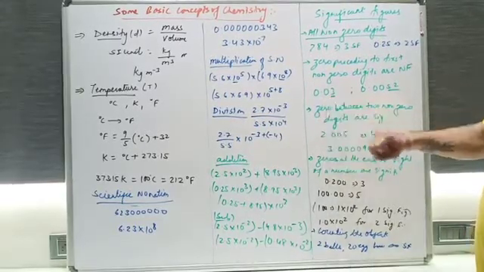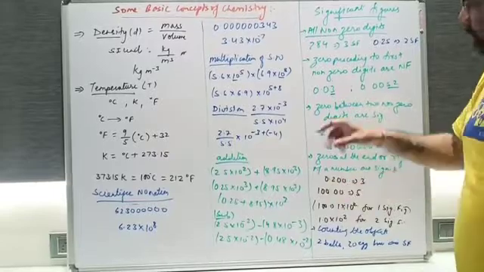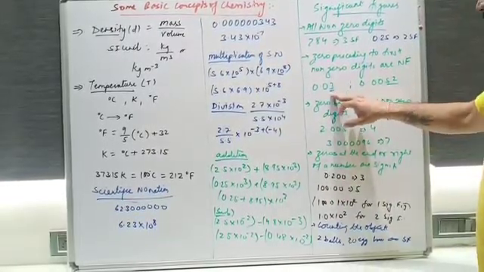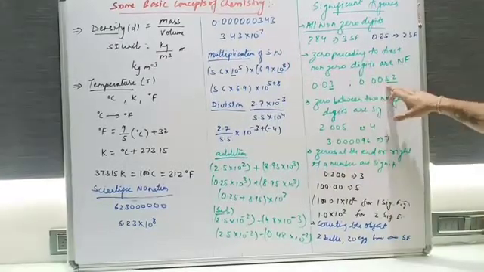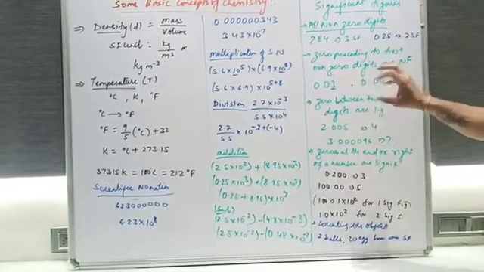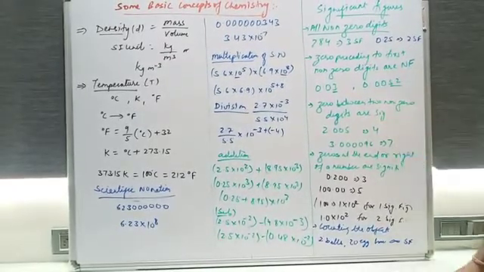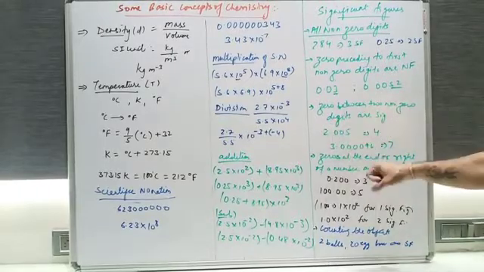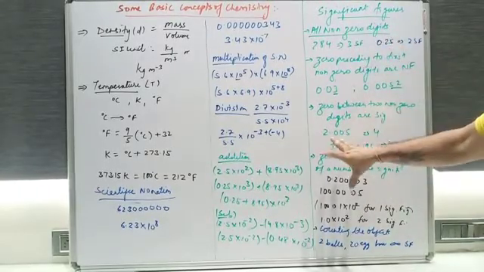This 0 will not be considered, but this digit will be considered. How many significant figures are there? 1 and 2. Before the 2, zeros are there, and these are not taken as significant. So only these two numbers are significant. This is the third one, derived from that one.